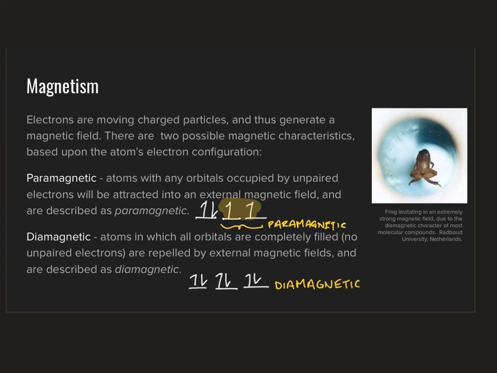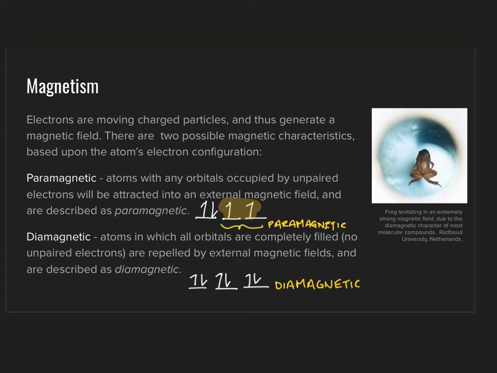The condition of being diamagnetic actually causes, to a small degree, atoms to be repelled by external magnetic fields. And diamagnetism also happens in atoms which have unpaired electrons, where all those paired electrons exist. There is diamagnetism present as well, but paramagnetism is dominant over diamagnetism. And the more unpaired electrons there are present in the atom, the more paramagnetic the behavior of that atom is overall.